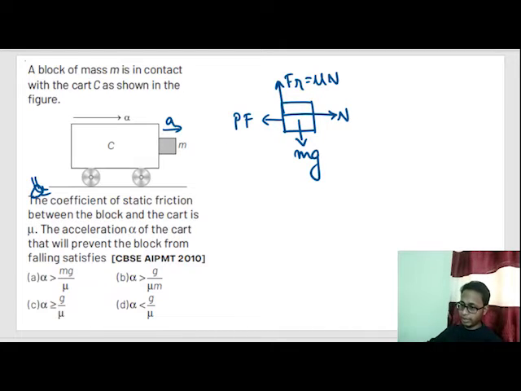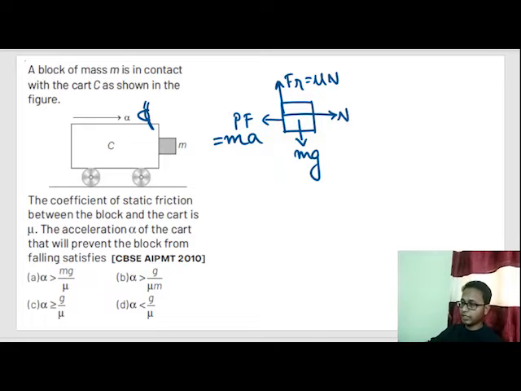Or if you shift the observer on top of the train, the pseudo force acts in the opposite direction, and the maximum value of the pseudo force is mass into acceleration in the opposite direction.